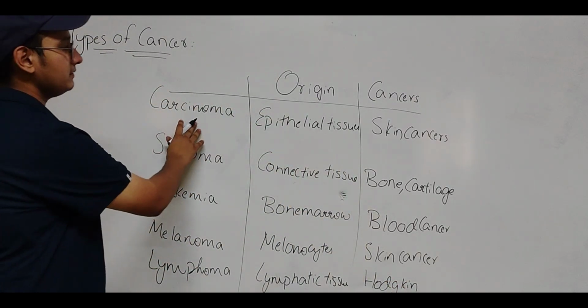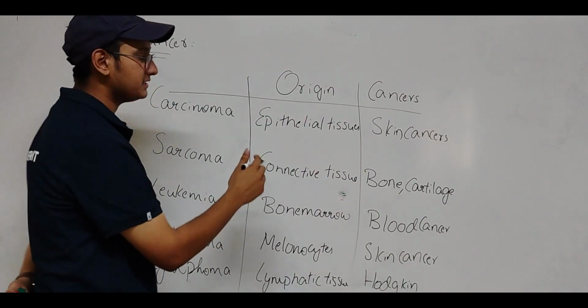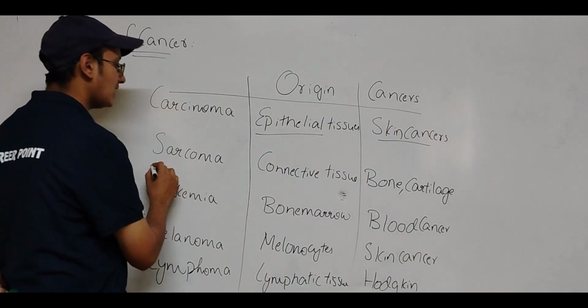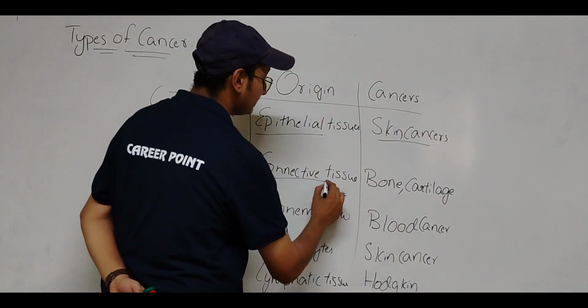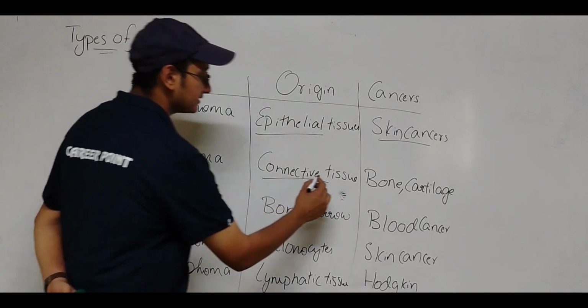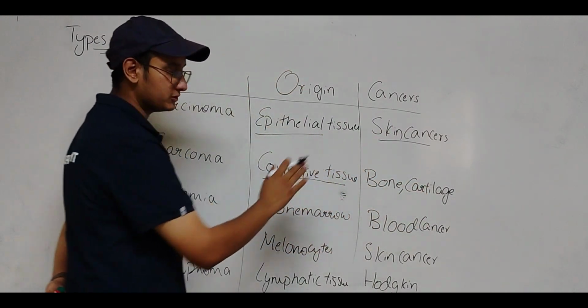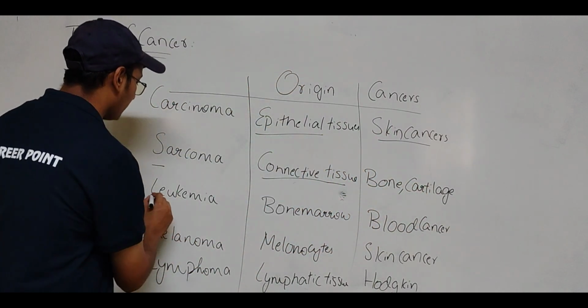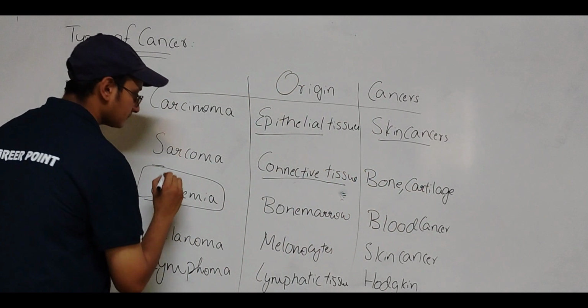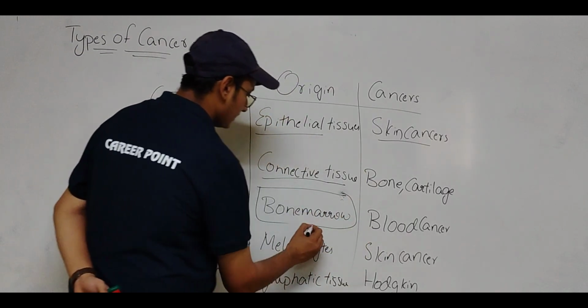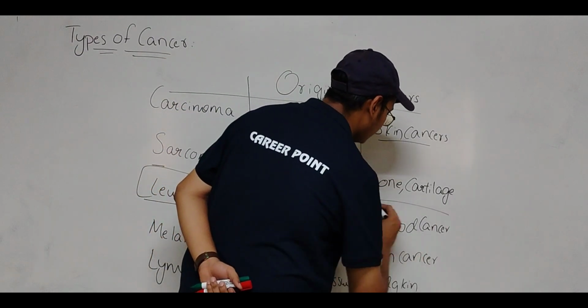So carcinoma mainly originates from epithelial tissue and leads to skin cancers. Coming to sarcoma, the origin of this cancer is connective tissue, and mainly bone cancers and cartilage cancers are produced because of this. Leukemia originates from bone marrow, and we call it blood cancer.